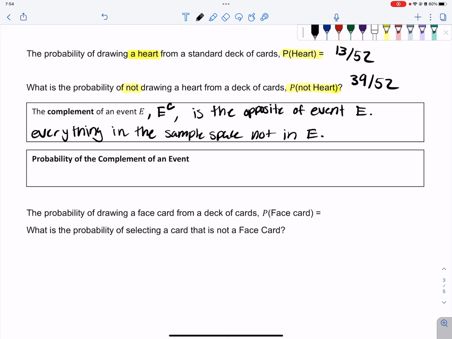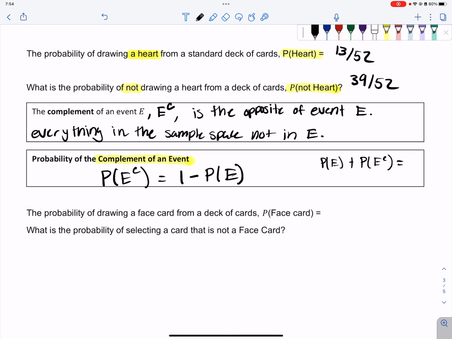So now, to calculate the probability of the complement of an event, this is a really easy formula to use. Our probability of the complement of E is simply just equal to 1 minus the probability of E. And that's because if we add these two events together, probability of E plus probability of the complement, this should cover our entire sample space.